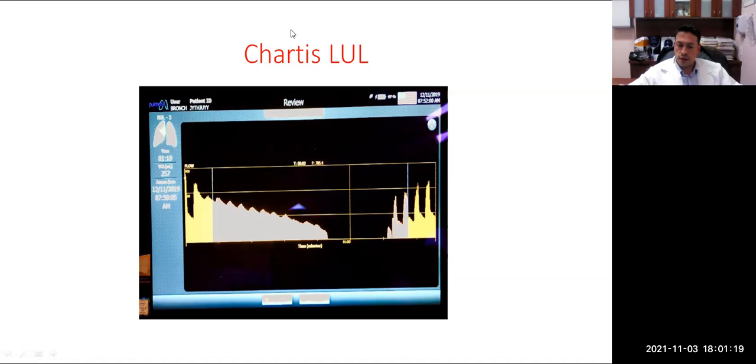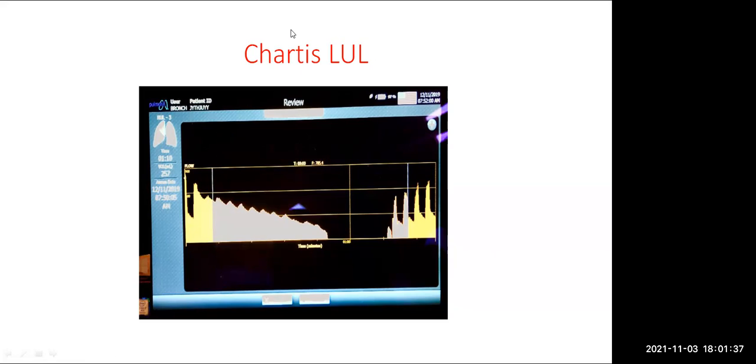So that is, I think, an important distinguishing feature, because not every program follows the same protocol. But I do think it is very important to use the Chartis because there is really a discrepancy between CAT scans and physiology. Yeah, it's pretty convincing.